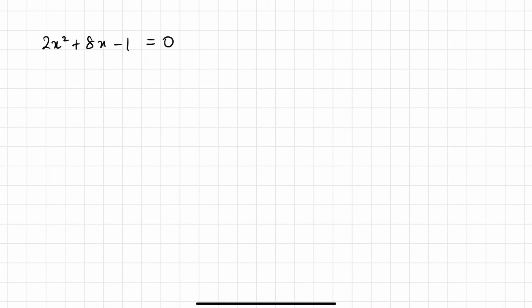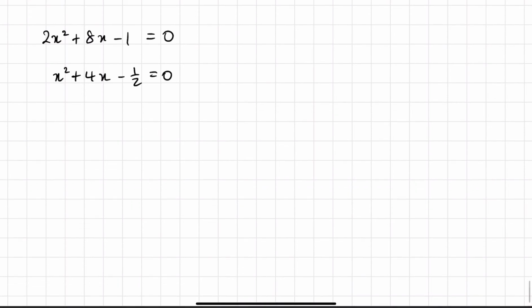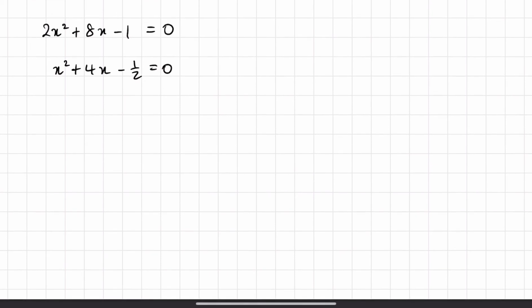It needs to be monic. So in this case, it's got a 2 in front of it, which makes it a little bit more complicated in terms of completing the square. So what we're going to do is divide everything by 2. Let's say x squared plus 4x minus a half. Okay, and then once we've divided everything by 2 and made the coefficient here just 1, now we can do the same completing the square that we did in the previous question.